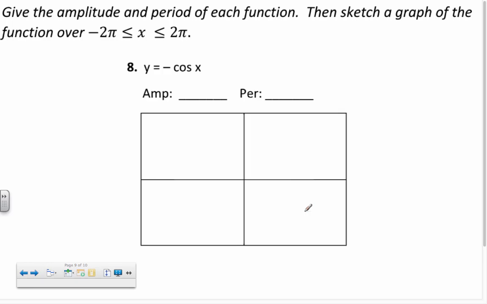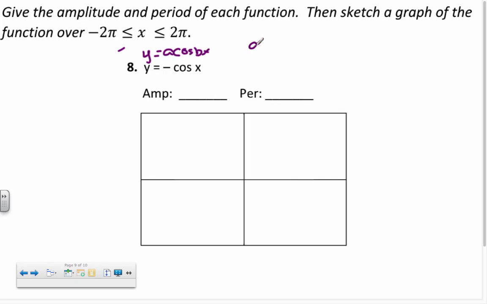Okay, so the last thing we're going to do is graph. Number 8 says give the amplitude and period of each function. That will help us with our graphing, and then we should sketch the graph from negative 2 pi to positive 2 pi. First of all, we have to figure out our amplitude and period. So if I write the general form, I have y equals a times the cosine of bx.